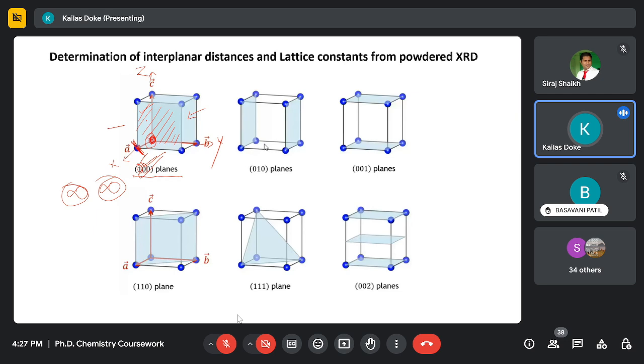Taking the sine theta, we got D100, distance between two 100 planes. The answer is 3.909 in Armstrong unit, because I put the value of lambda in Armstrong unit. So what is this distance? The distance between two 100 planes.